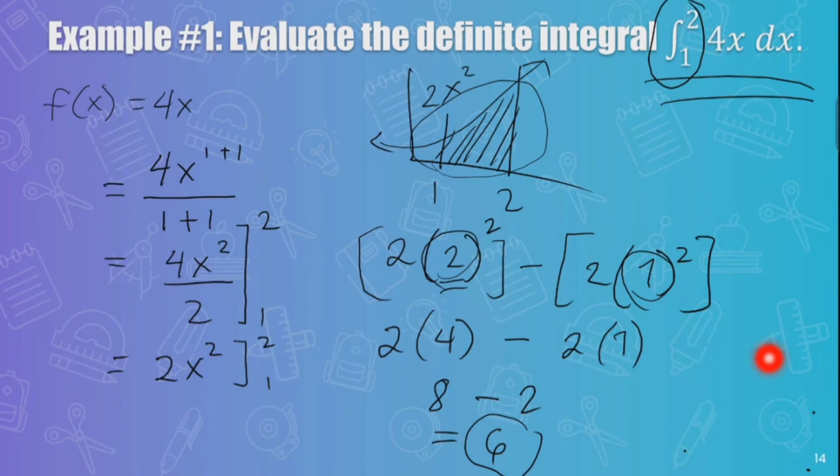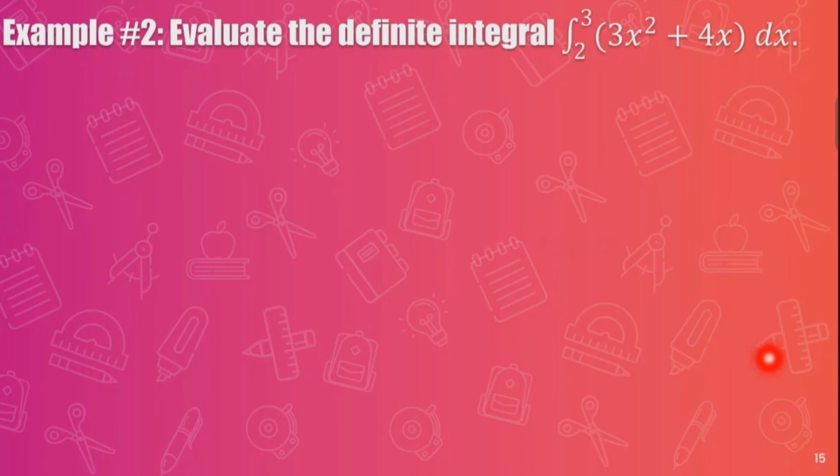Another example. Okay? So evaluate the definite integral from 3 to 2 of 3x squared plus 4x dx. Okay?